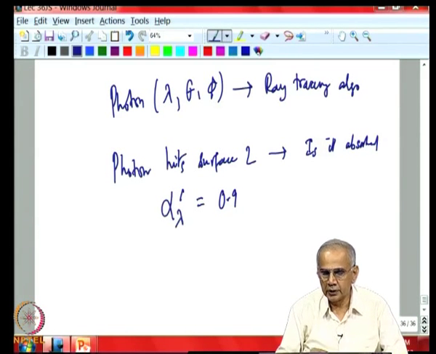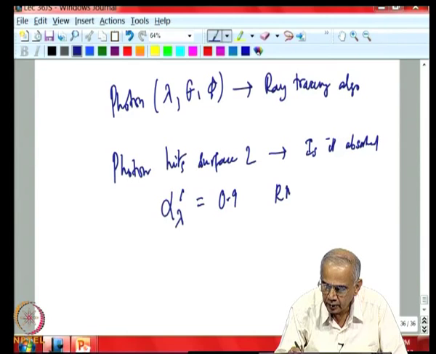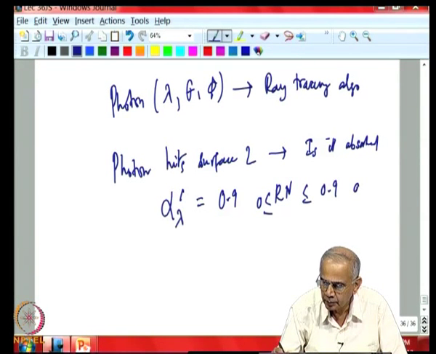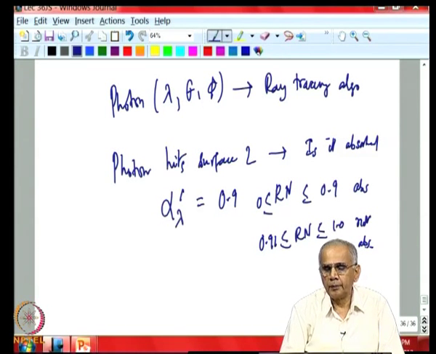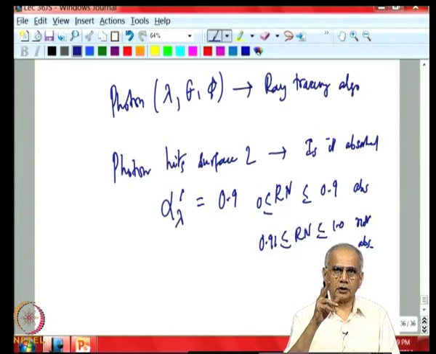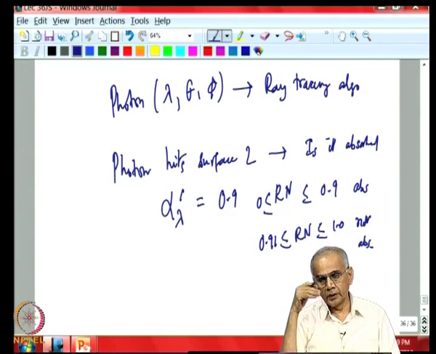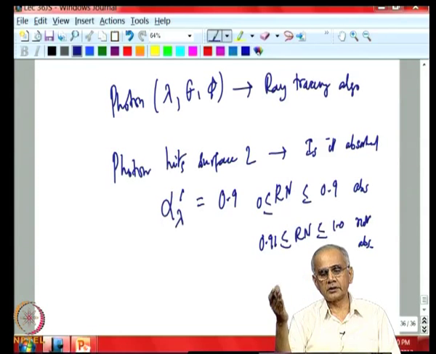So, you will take the view that if the random number is between 0 and 0.9, it is absorbed. If it is between 0.91 and 1, it is not absorbed. So, the random number generator will determine whether that photon is absorbed or not. Let us say you have a random number of 0.96. So, that is not absorbed.